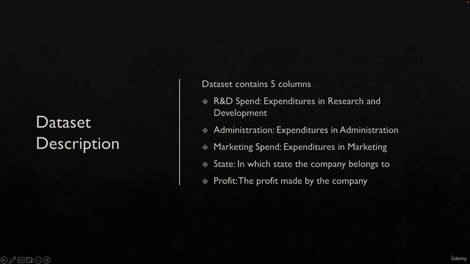The first column is R&D spend, that is the expenditure in research and development. The second column contains information about the administration spend. The third column is about marketing spend. The fourth column is about the state, that is in which state the company belongs to. And the fifth column refers to the profit made by the company.